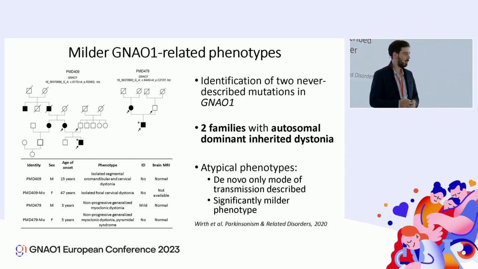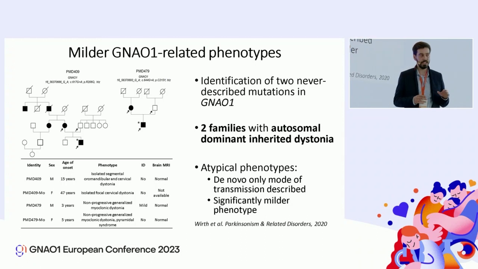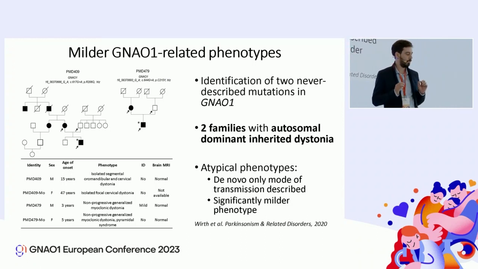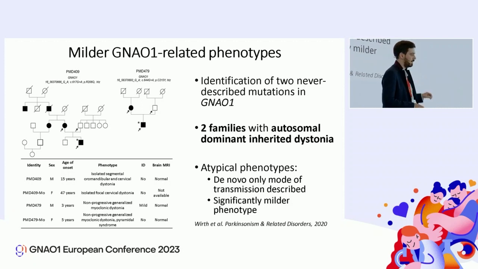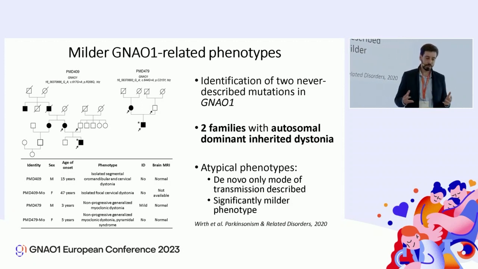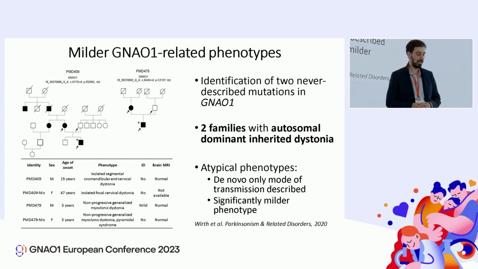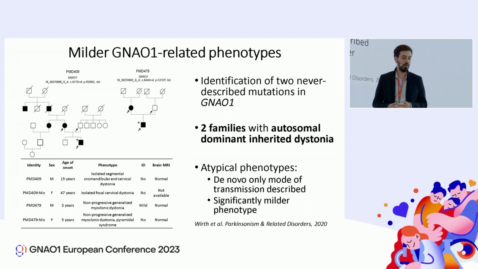We were pretty surprised because at that time, when we analyzed these patients in 2018, GNAO1 was only reported in much more severe phenotypes, epileptic encephalopathy, or the clinical picture that Diane presented previously. But some of these patients showed isolated segmental or mandibular and cervical dystonia with an age of onset at 15 years.